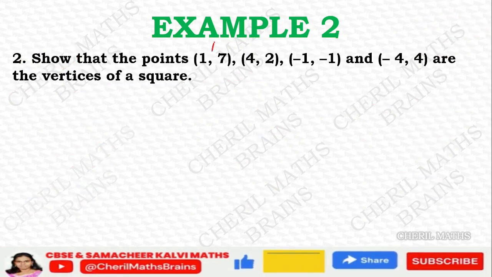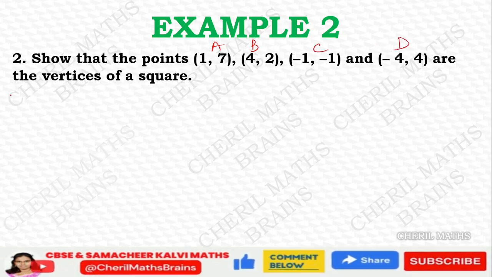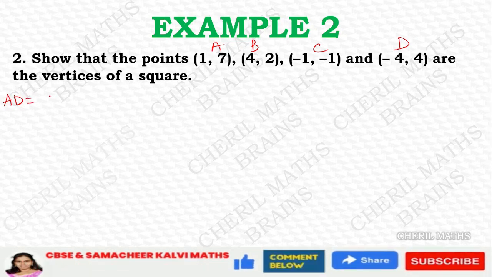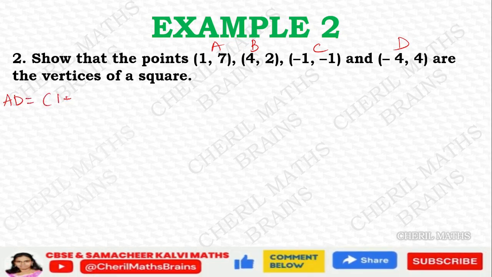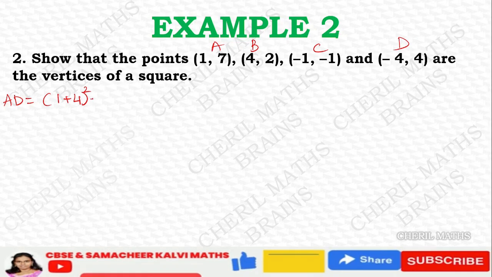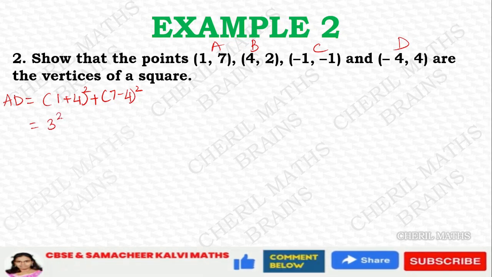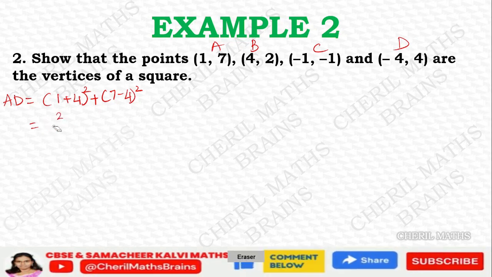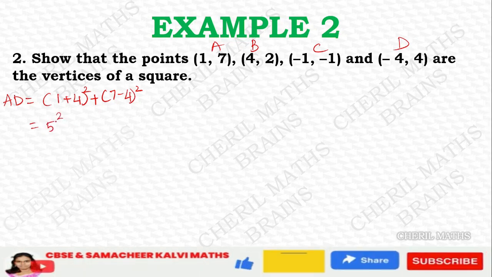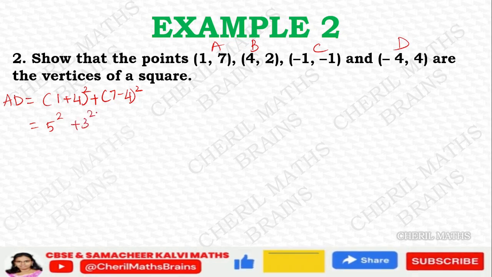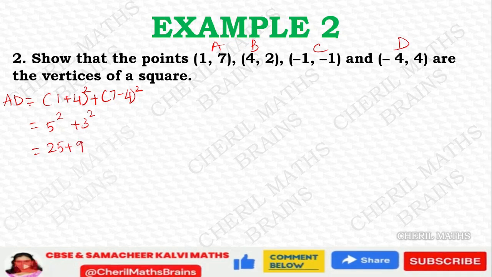So finding AD: it will be 1 minus of minus 4, which is 1 plus 4 the whole square, plus 7 minus 4 the whole square. So it will be 5 square plus 3 square, 25 plus 9.